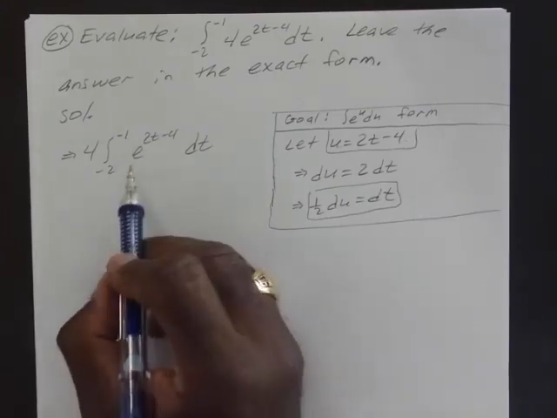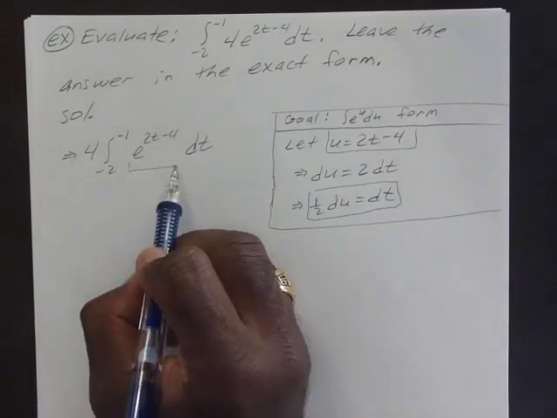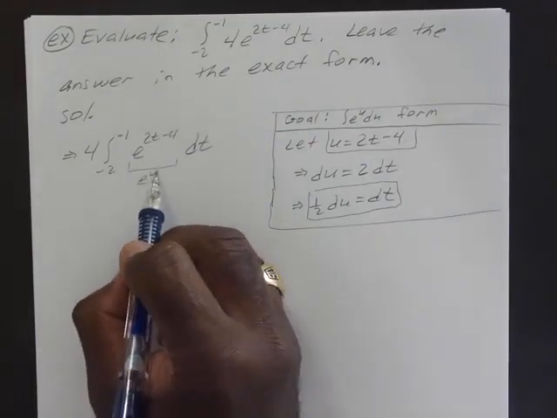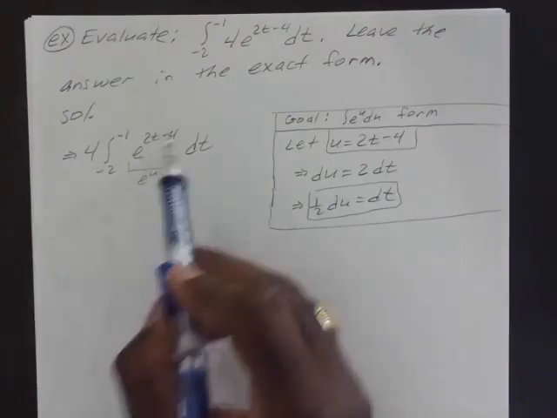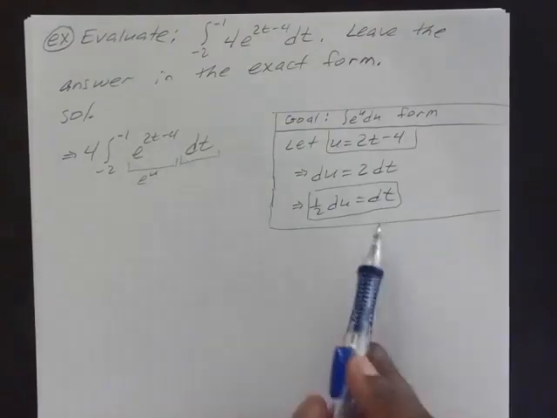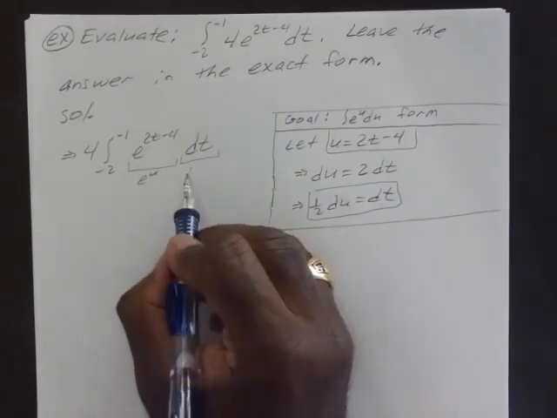Which means we can go ahead and rewrite this as e to the power of u, and our dt, we can rewrite that as 1/2 du.